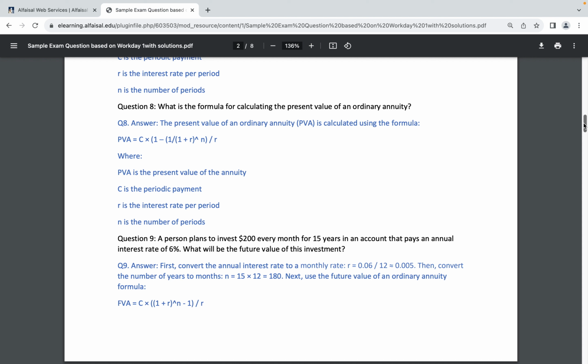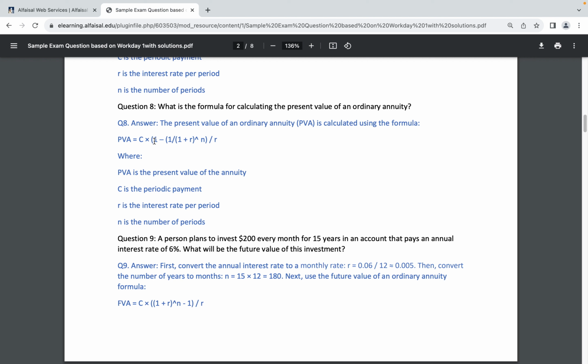There are other types of annuities, one called an annuity due, which takes the payment at the beginning rather than the end, but that's not something we're going to concern ourselves with in this lecture series. So the present value of annuity formula is simply C multiplied by 1 minus 1 over 1 plus the interest rate, raised to the power of n, divided by r. Just as simple as that. C is your payment. If I'm promised a stream of cash payments, what is that present value today?